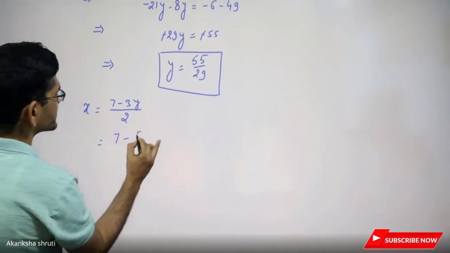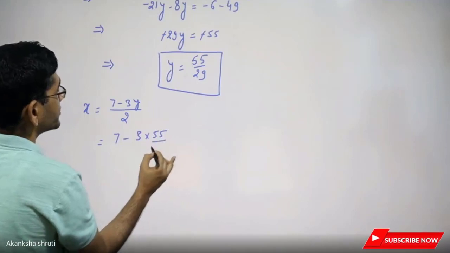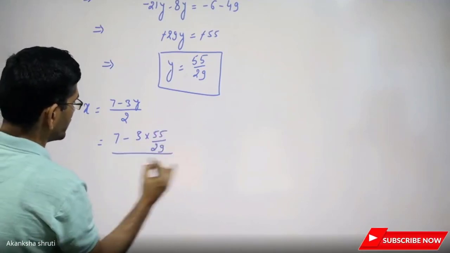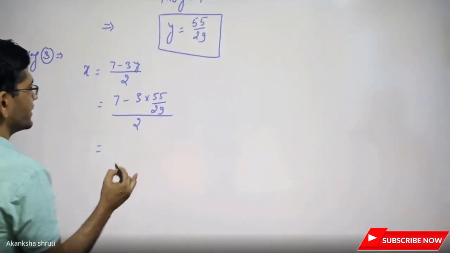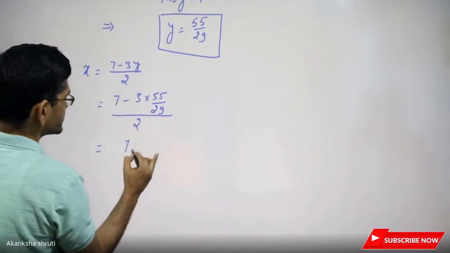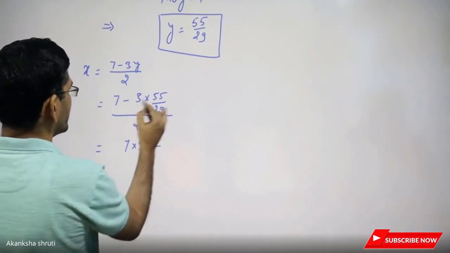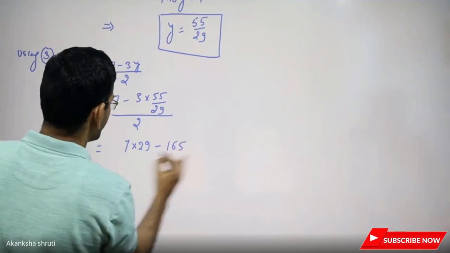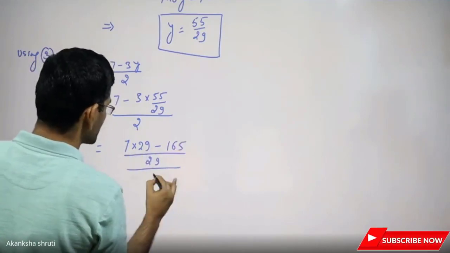7 minus 3 into 55 by 29, whole by 2. Student, it simply means it is our 7, it will multiply to this 29, 7 into 29 minus, multiply this, it becomes 165 by 29, and the denominator is 2.